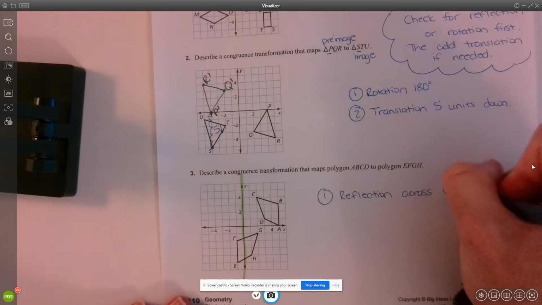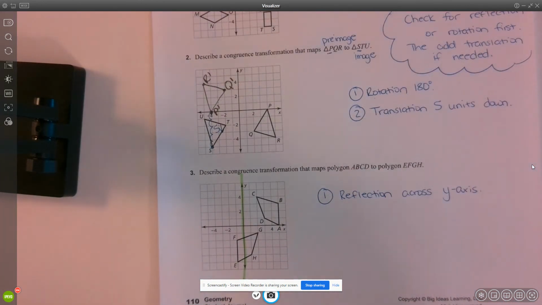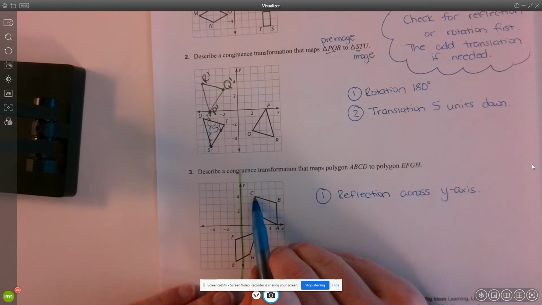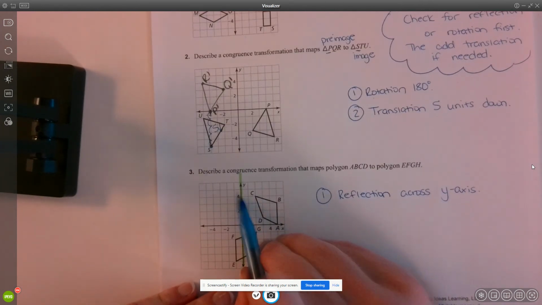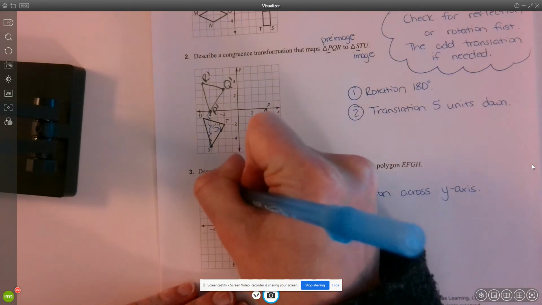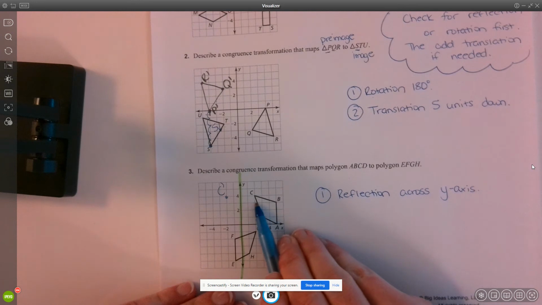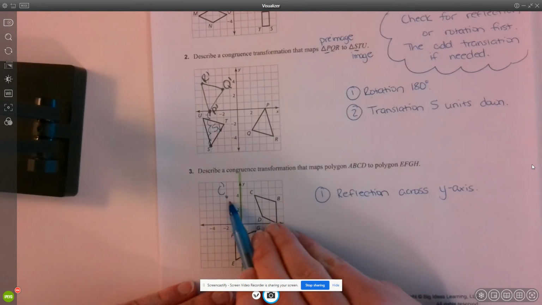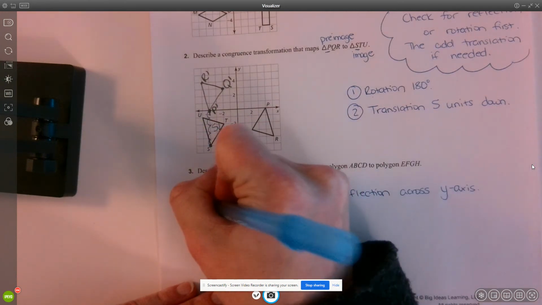across the y-axis. And I'm going to actually do that on my graph. So C is 2 units to the right of the y-axis, so C prime will be 2 units to the left. B is 5 units to the right, so B prime will be 5 units to the left.